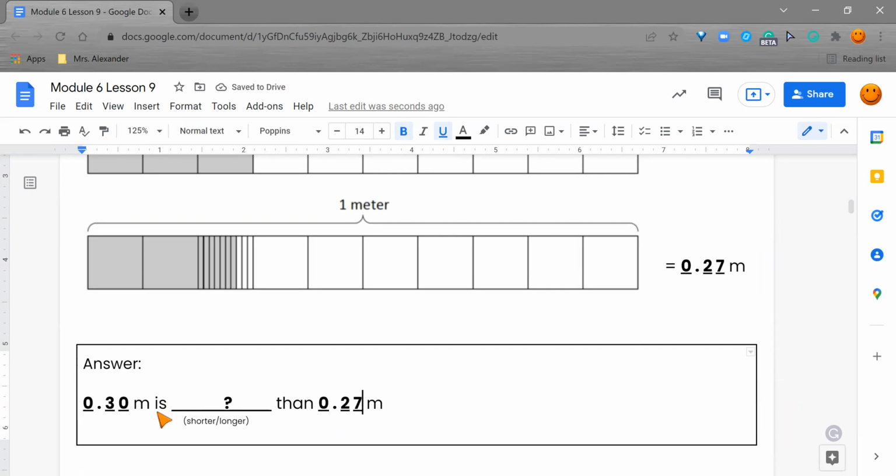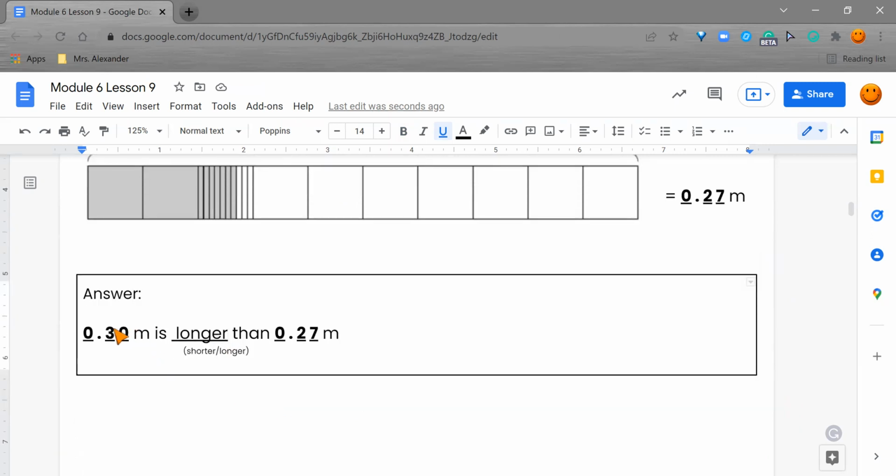Now, 0.3 meters is shorter or longer than 0.27 meters? So 3/10, is it longer or shorter than 27 hundredths? Okay, so right here, you guys, I believe we're going to write 0.3 is longer than 0.27. This is how we're doing it. Great job. And we know it's longer because 30 is bigger than 27.